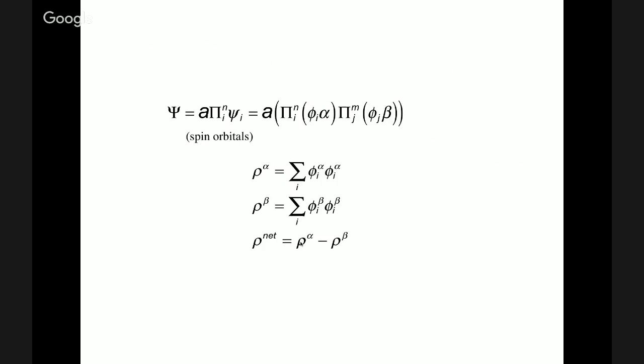an observable. In addition to being able to see absolute electron densities by X-ray crystallography, we can look at spin densities by ESR spectroscopy.